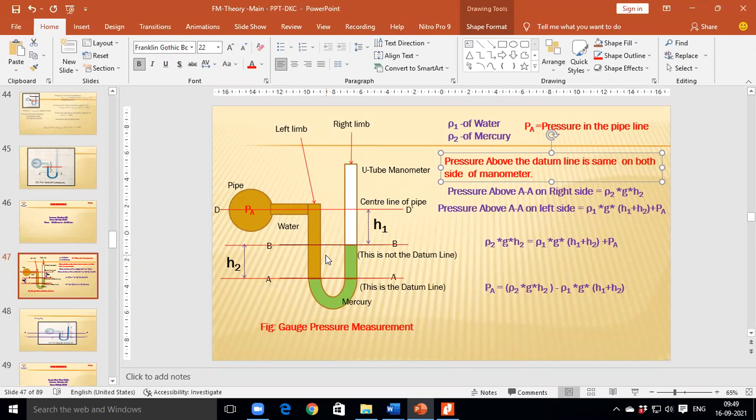Okay, and how can we find out that pressure above the datum line?